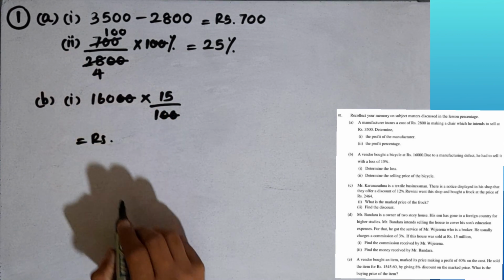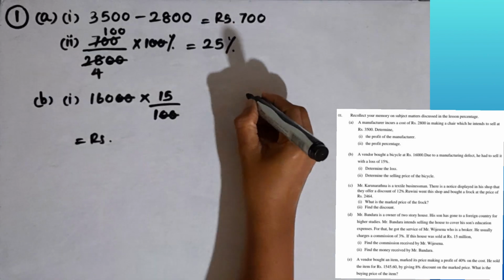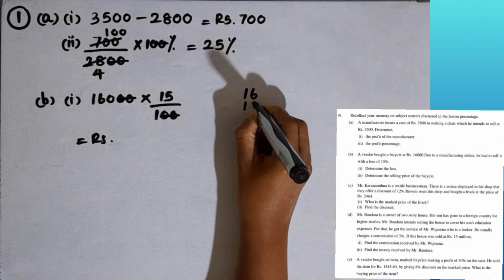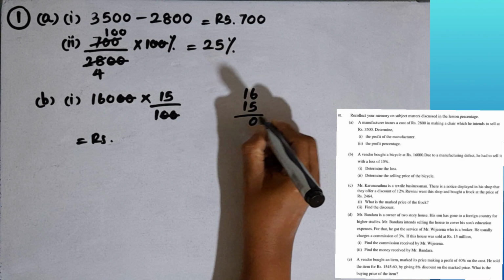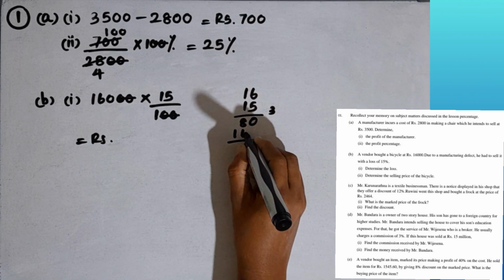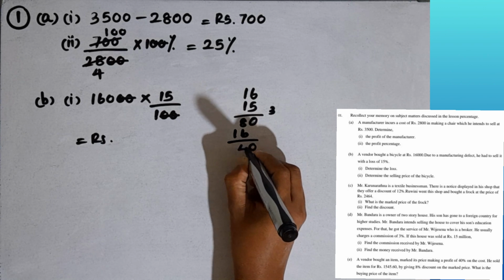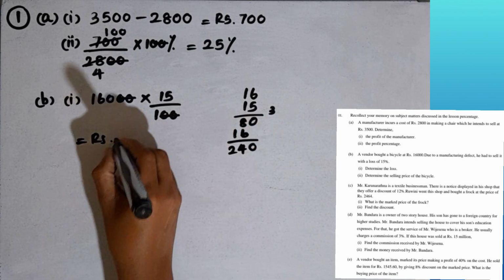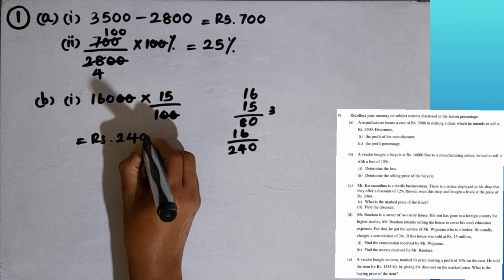We have to multiply 160 by 15. 16 multiplied by 15 is 240. In the answer, 2,400.